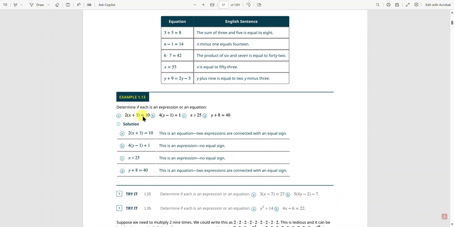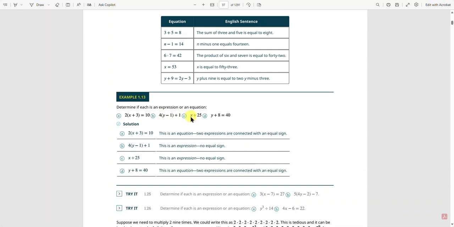Letter A here, this is an equation. For letter B, we see the difference of y and 1, y minus 1 set in parentheses, times 4, and the product of 4 times y minus 1 plus 1. This is an expression. Even though there's a number of different parts, it's an expression. It's not an equation because there's no equal sign.